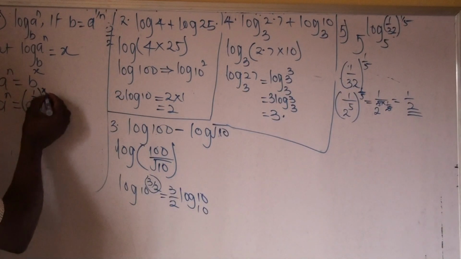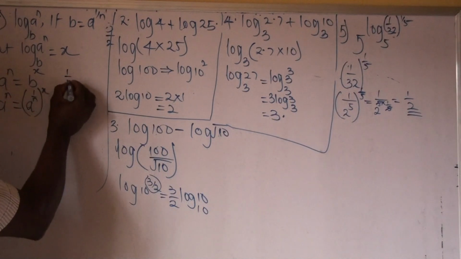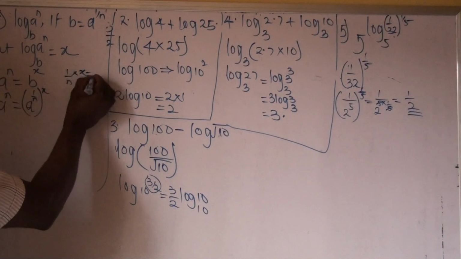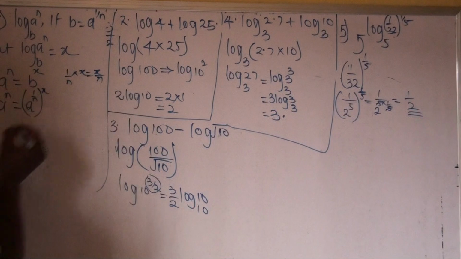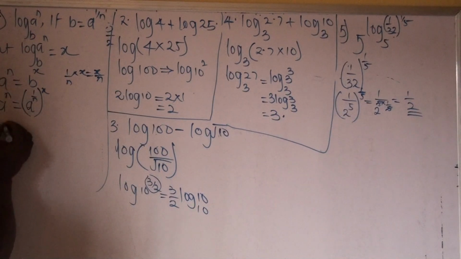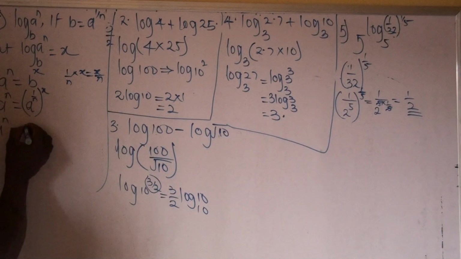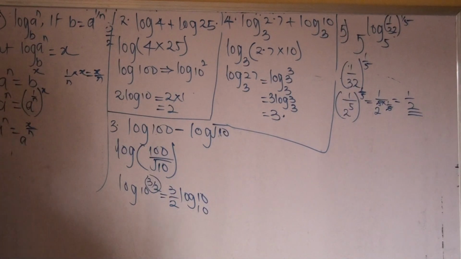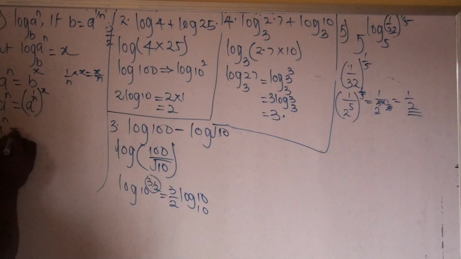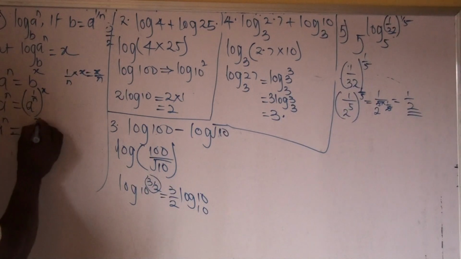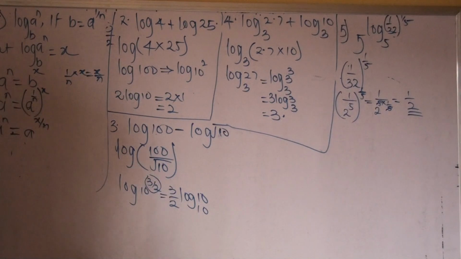So this power, 1 over n, is going to multiply x, and that will give us x over n. So here a raised to the power n is equal to a raised to the power x over n.